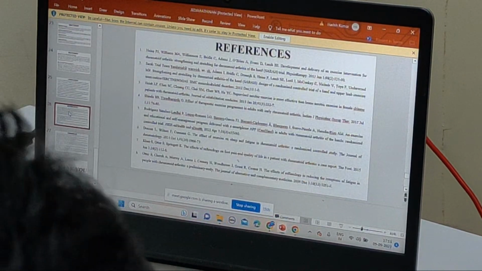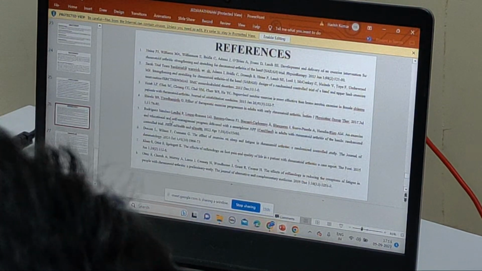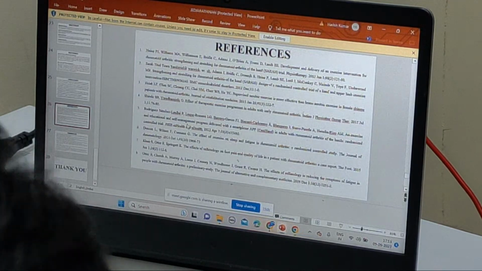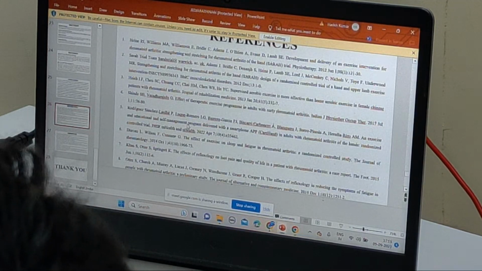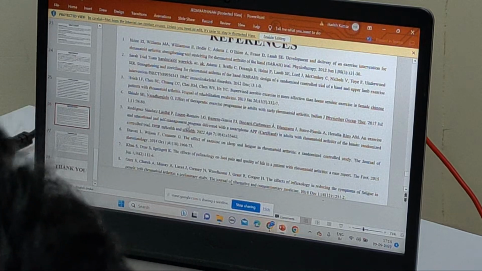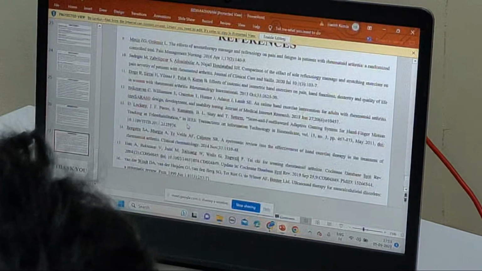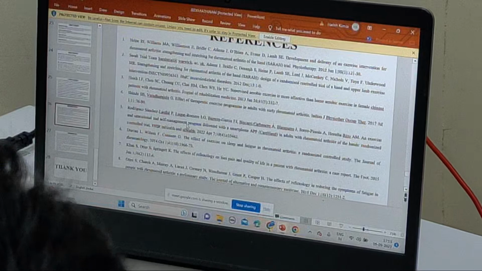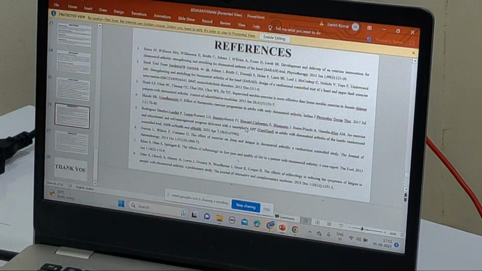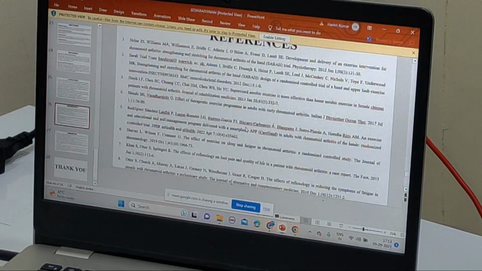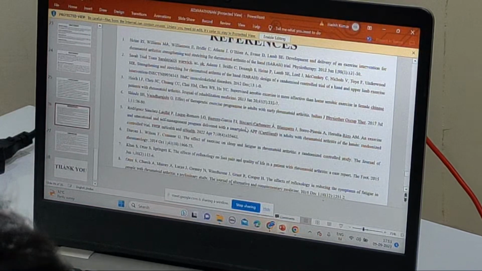Ma'am, from the Zara approach, I found grip strength, and as well as from the Zara trial team. Next, from the study by Z and others on aerobic exercise, I found grip strength. Next, a therapeutic exercise program by Shinde and others, ma'am.